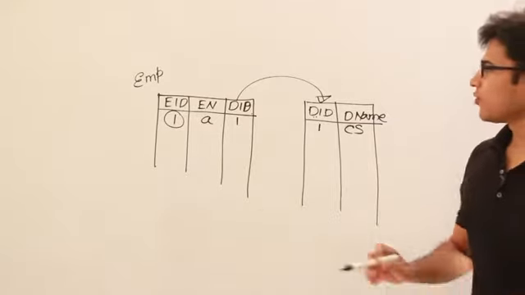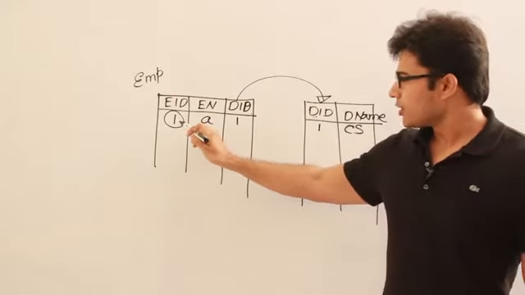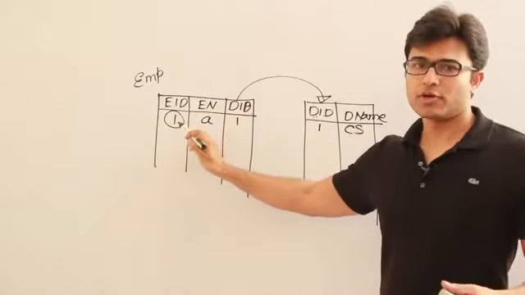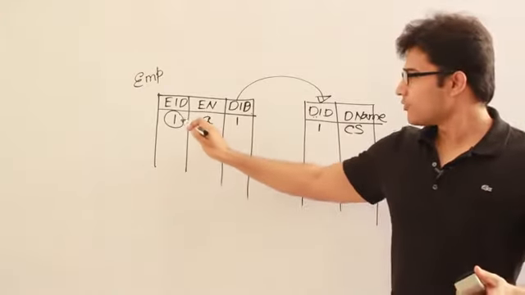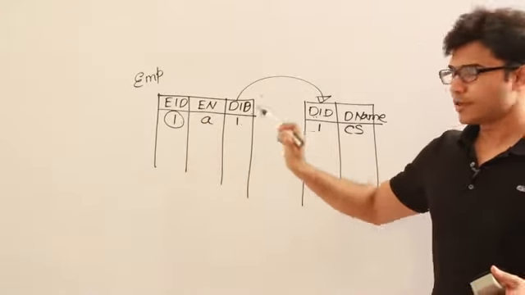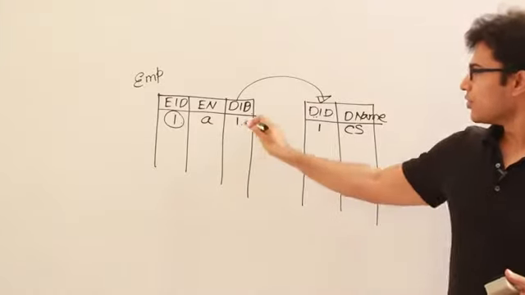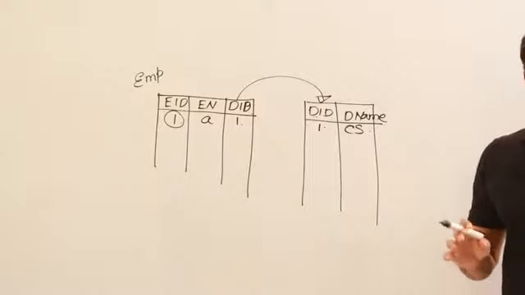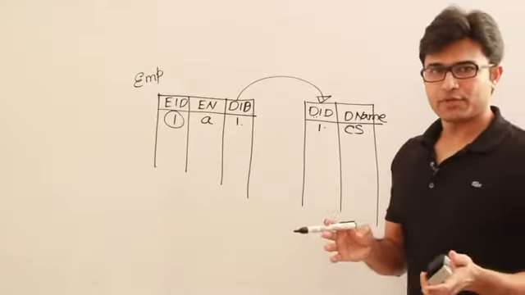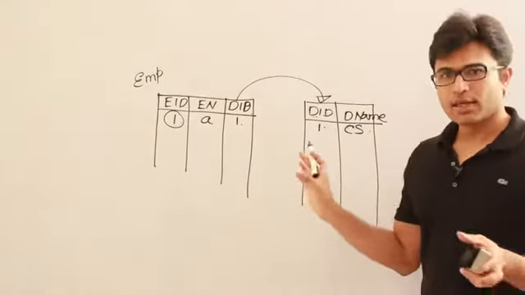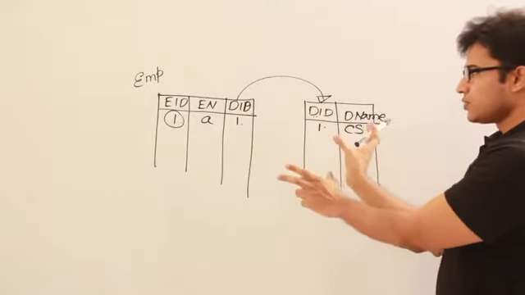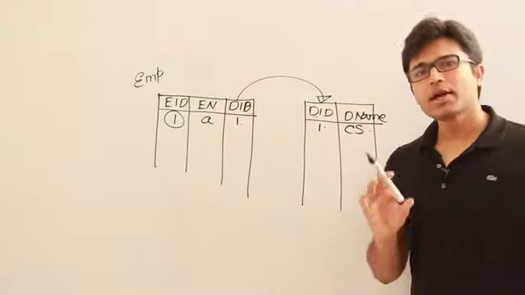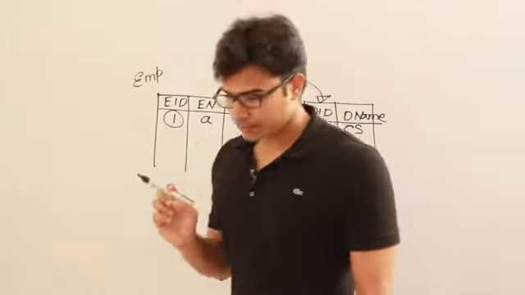For example, what is the department name in which employee number 1 is working? Then you have to find the department number in which employee number 1 works, go to that department number, and find the name. So these types of queries are possible, and a kind of joining of these two tables will be done. We shall discuss it later.